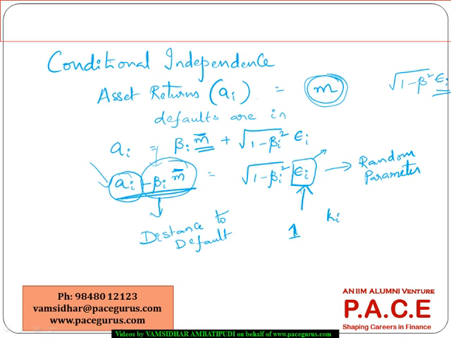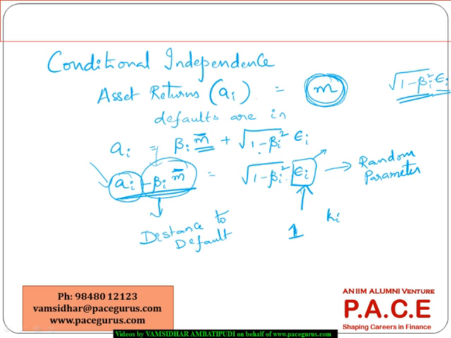Initially the standard deviation was taken as 1 when we are talking about unconditional. But when I have conditioned it on the market, the standard deviation associated with the idiosyncratic shock comes out to square root of 1 minus beta I squared.